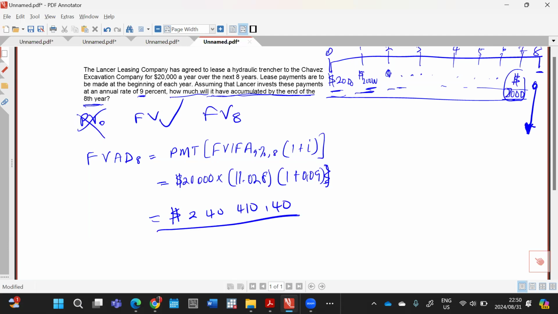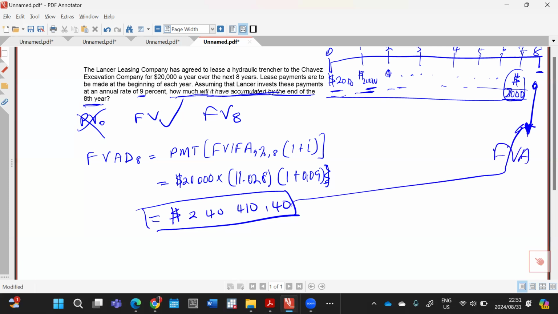What it means is that the company will have accumulated $240,410.40 at the end of the 8th year. This would be your answer, which is the future value of an annuity due at the 8th year.